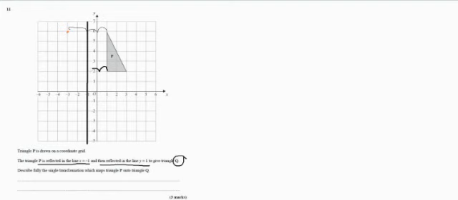Two squares, and draw the point. Here four squares, and 4 squares, and then draw the point. Now let's join the points.